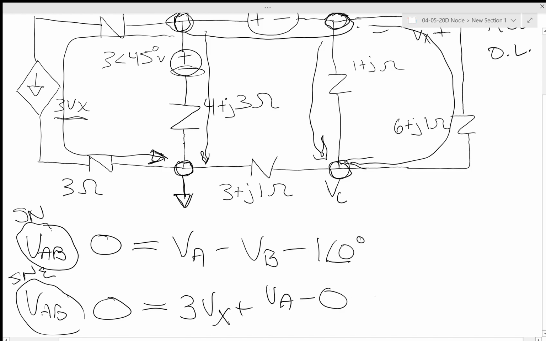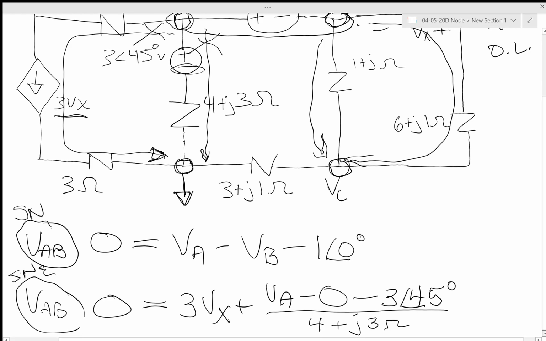Sign farthest away was minus 3 angle 45 degrees divided by 4 plus J3 ohms. All right, so that takes care of this one, and it takes care of this one.